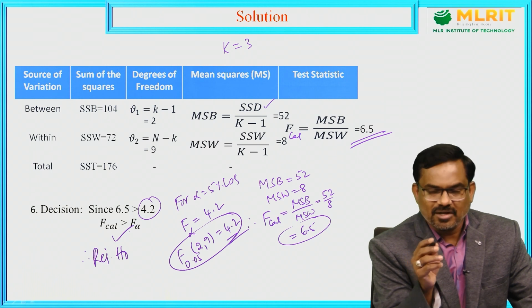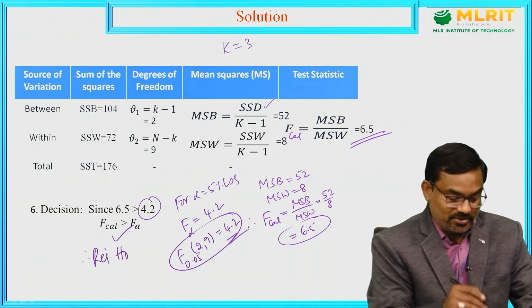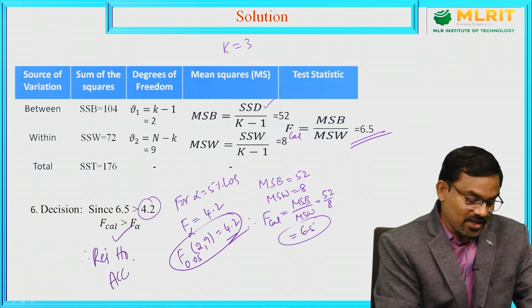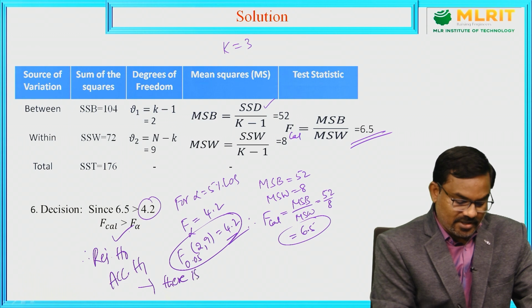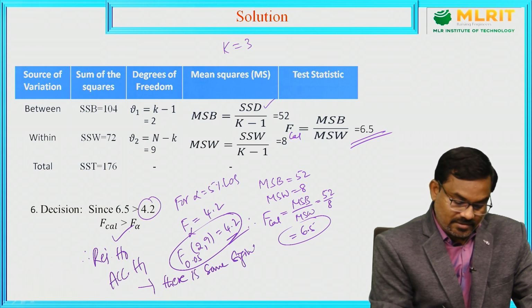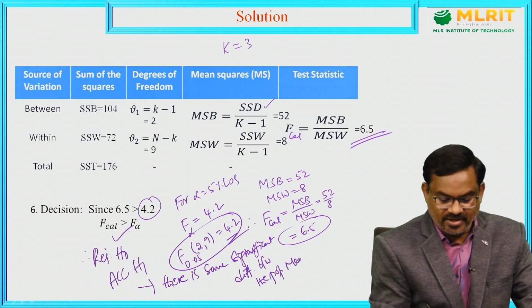So, that we cannot accept. Hence, we have to accept the alternative hypothesis that there is some significant difference between the population means. That is the final decision.